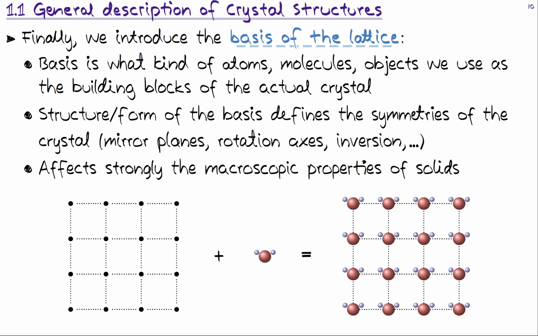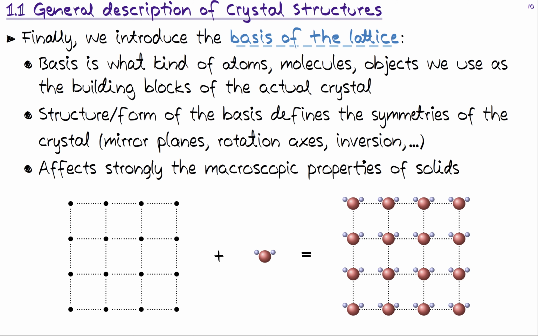This is important because we know from real life that even though we only have 100 or so elements in our periodic table, we have thousands of different kinds of compounds, or I don't know, millions of compounds existing in the universe. So somehow the number of compounds dramatically increases, and how does that happen, and how can we have so many different kinds of properties in the different compounds?